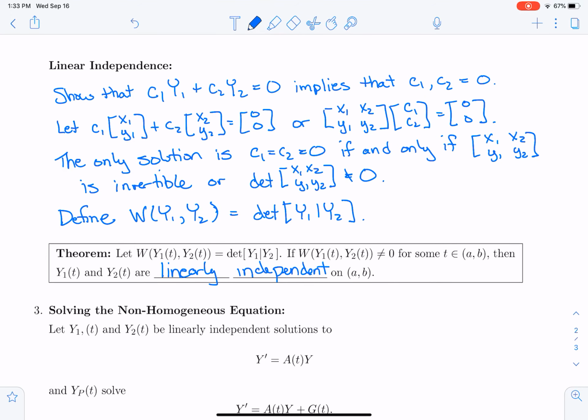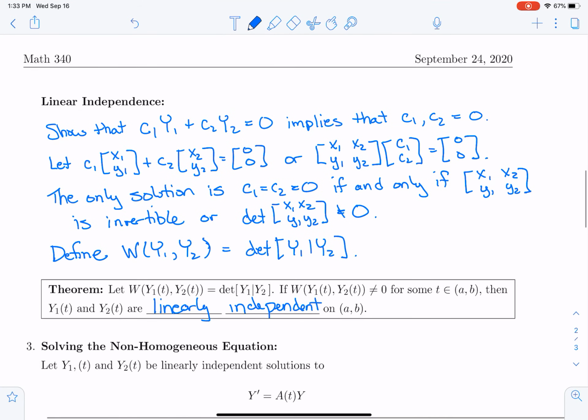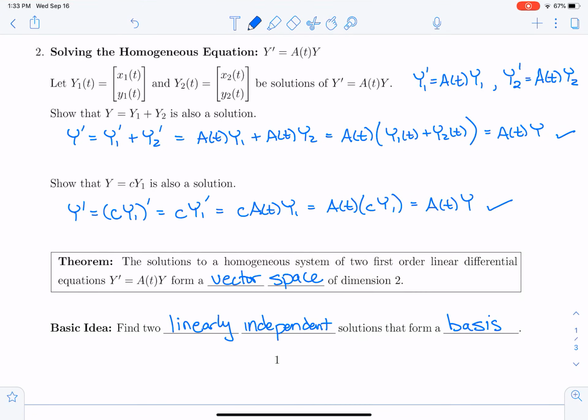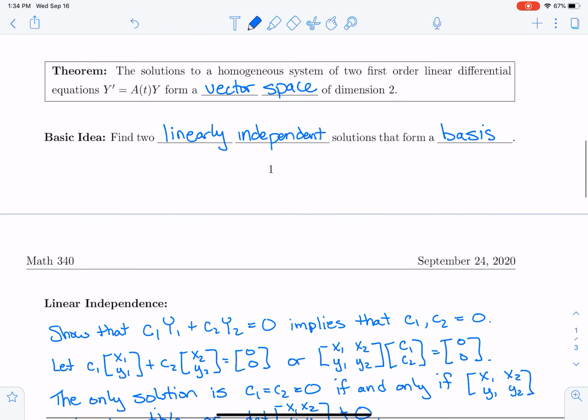Now, once we've solved this homogeneous problem, we will know that the general solution will be y equal to c1 y1 plus c2 y2. Okay, once we've solved the homogeneous equation, now we want to move on to solving the non-homogeneous equation.